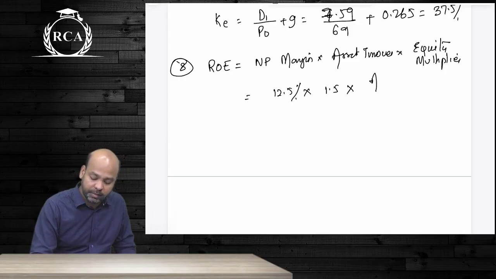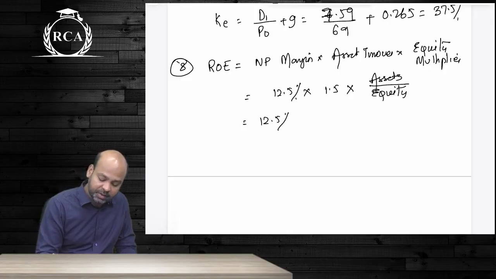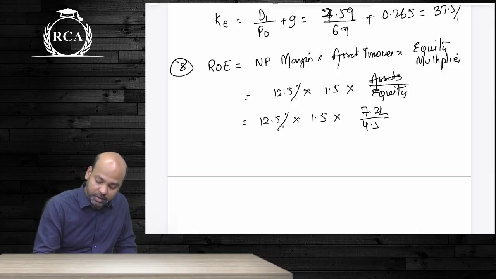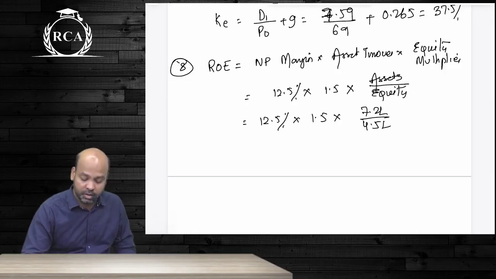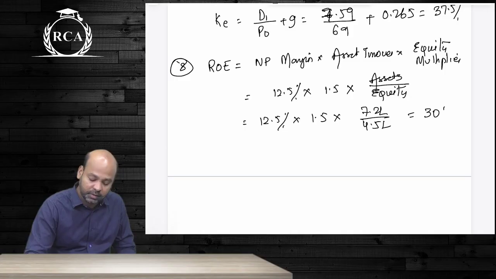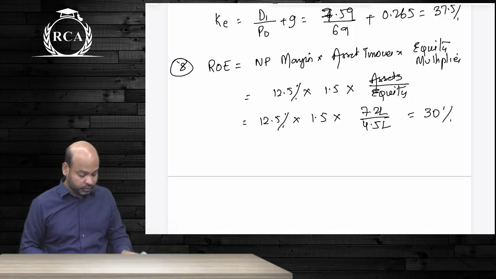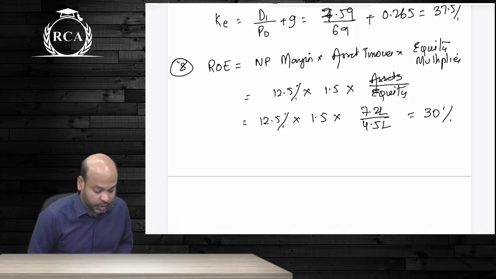Equity multiplier, but I told you it is the total asset base that you're creating with every rupee of equity. It'll be 12.5% guys into 1.5 into 7,20,000 by 4,50,000. 30%. Final answer. That's the return on equity. Pretty simple, right guys?